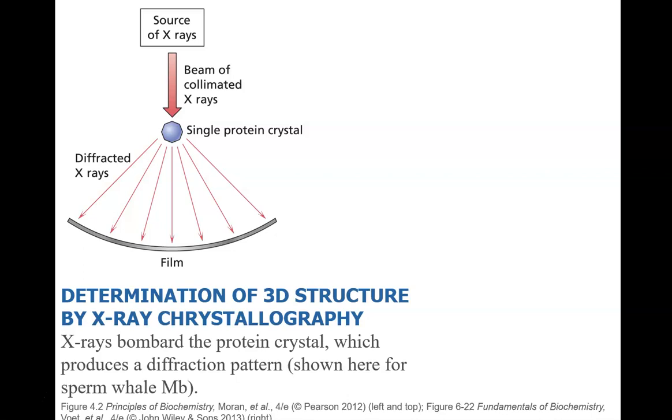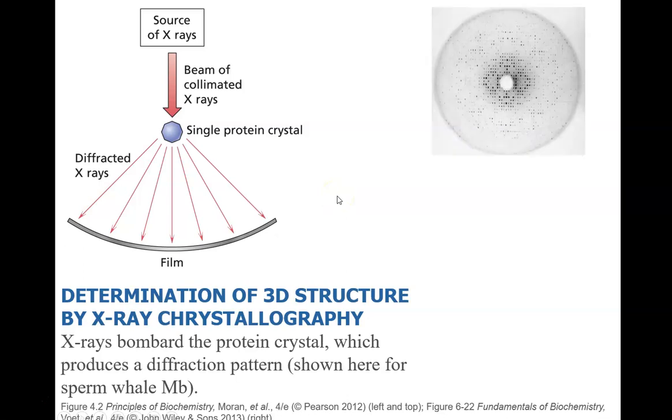So what happens is the protein crystal acts as a diffraction grating. If you have a piece of film right here, you will see dots where the X-rays have exposed the film, and if you're a crystallographer, which I am not, you'll be able to work backwards.